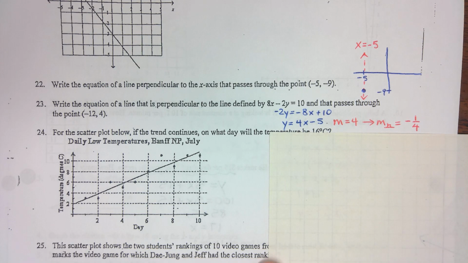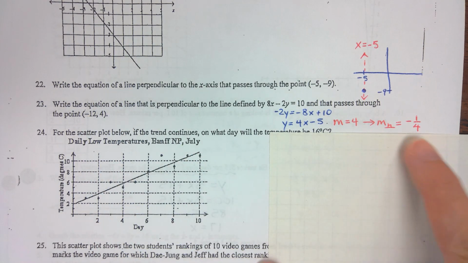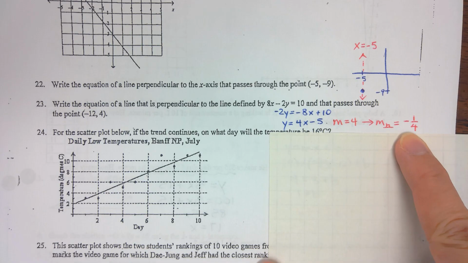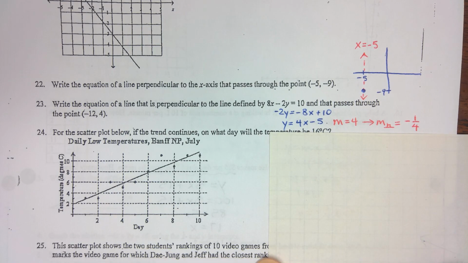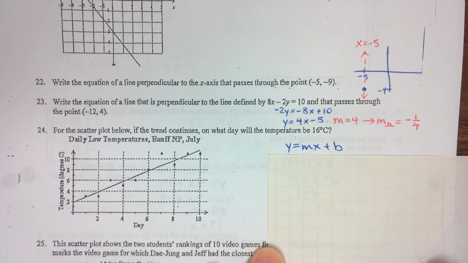But we're not done the question. Nowhere near done the question, Aaron. All right? I'm looking for the equation. So if I have this point and I have this slope, what am I supposed to do? Put it in the equation y equals mx plus b. Right, and solve for? Yeah, what are we solving for?